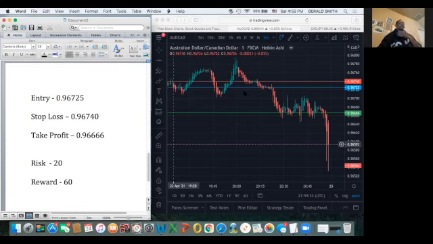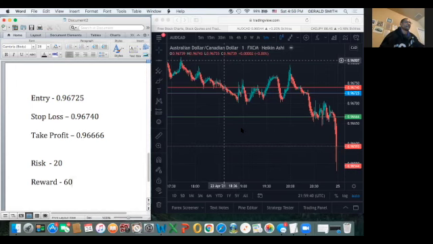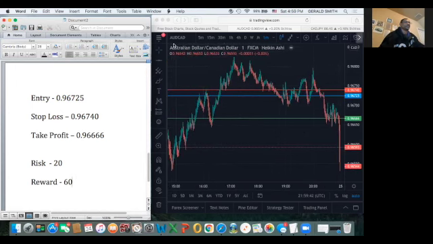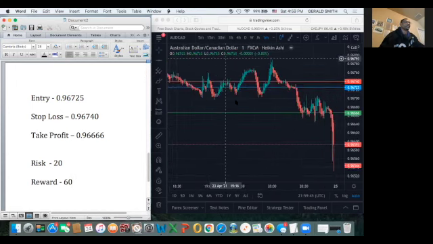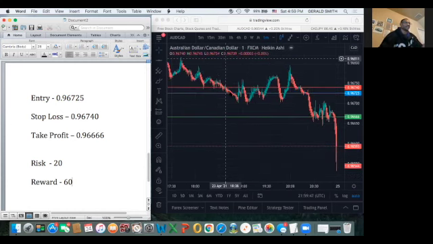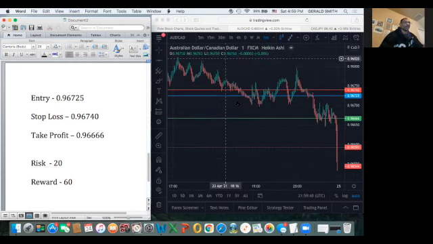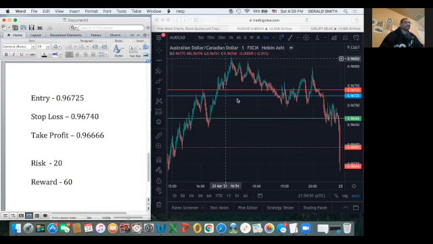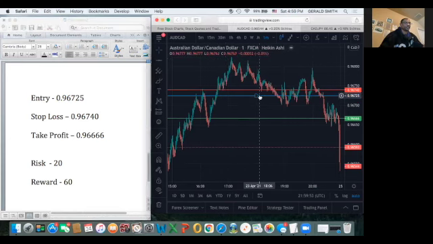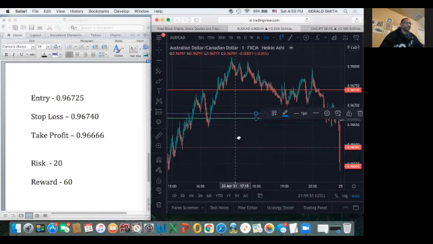Now that's on a sell. Now let's do a buy for the same pair, which is Australian dollar versus Canadian dollar. Let's just switch it up this time. Let's pick a good entry this time.